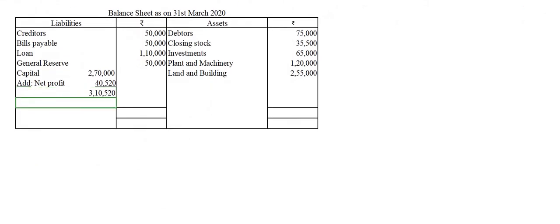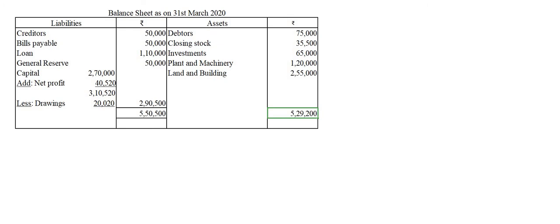From that we have to deduct the drawings, 20,020. After that the amount will be written down. Balance sheet total 5,50,500 is the liability, and you can total the asset side also. We have to get an equal amount, then only the problem will be correct.